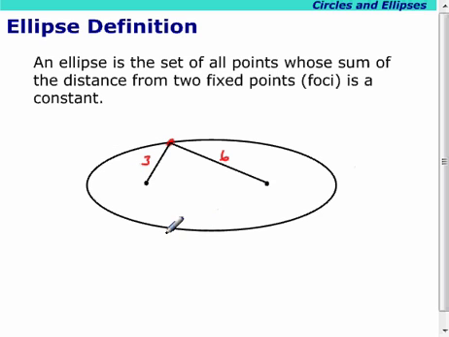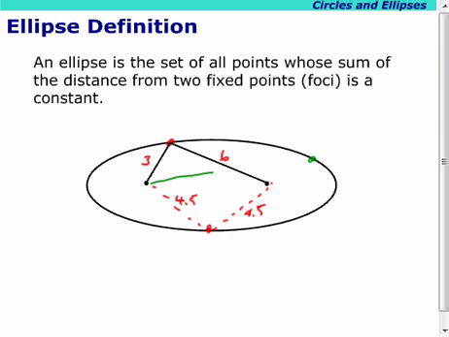Therefore, for any other point around the whole ellipse, say one exactly halfway, the distance from this point to my focus and from this point to my other focus must sum to 9. So if this one was 4.5, this one would be 4.5. Or how about a point way over here?